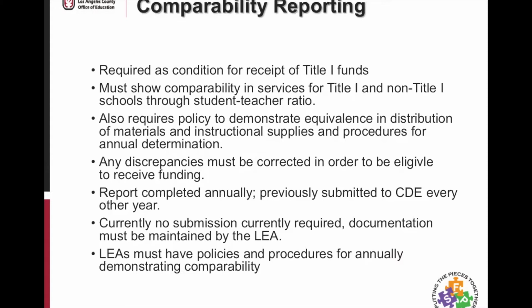You used to have several options; student-teacher salary ratio was another option, but now most recently they've limited it to student-teacher ratio. It also requires that the LEA have a policy to show that you're distributing materials and supplies in an equitable manner, and that you have procedures for determining that on an annual basis.